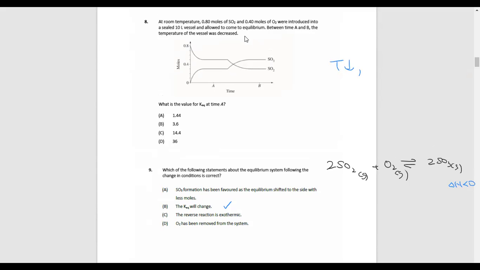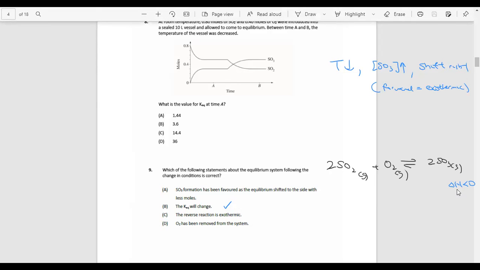And because the SO3 has gone up, according to the graph, that means you've shifted to the right. Now, if the temperature goes down and you shift to the right, that means the system wants to shift to the right to bring up the temperature by Le Chatelier's principle. And so that means the forward reaction is exothermic. That's what you can tell through this deduction.